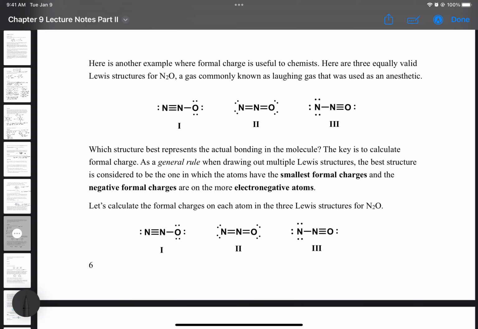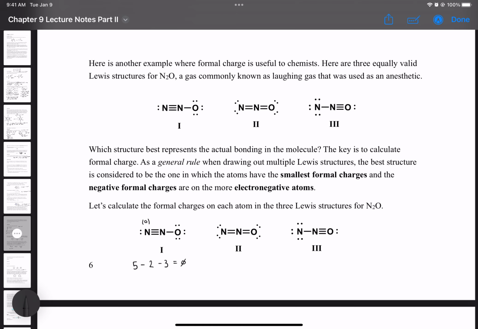So let's calculate the formal charges for each atom on the three Lewis structures for N2O. Okay, so structure 1. So we know the formal charge for nitrogen, right? It's 5 valence electrons, so it's going to be 5 minus 2 from non-bonding, and then minus 3 bonds is 0.